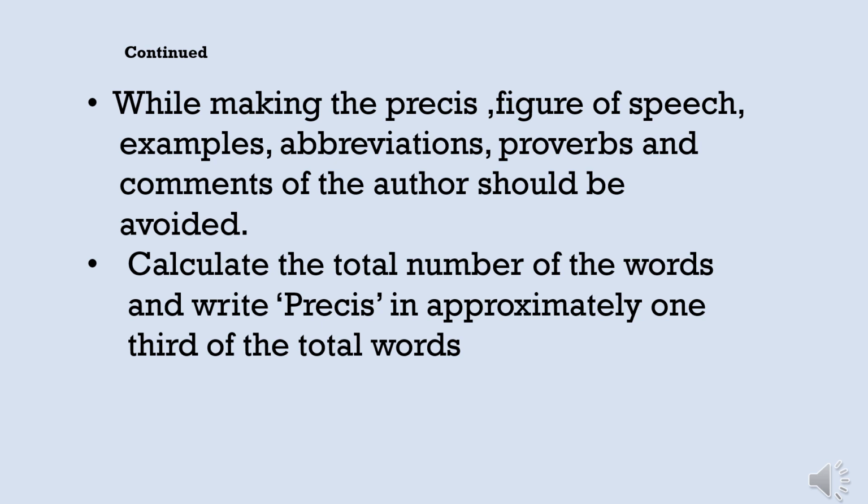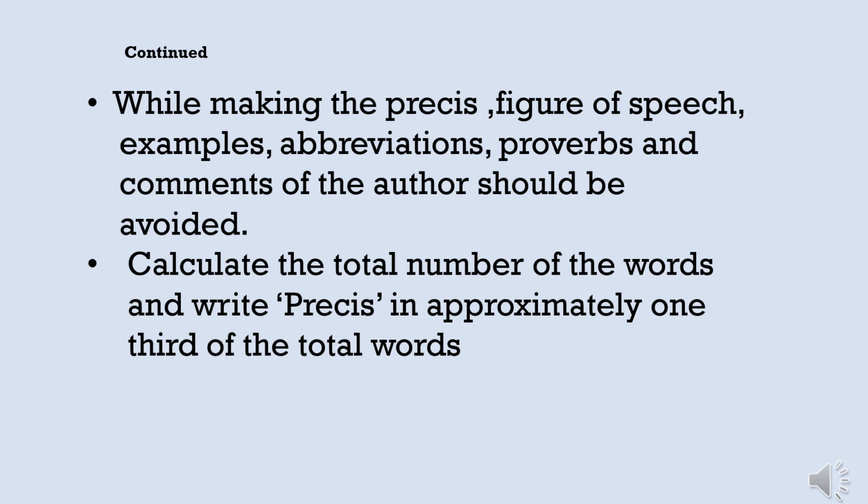Next, calculate the total number of the words and write précis in approximately 1/3 of the total words. Students, you have to calculate the total number of the words of the original passage.